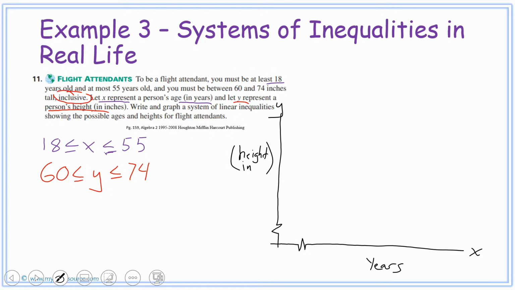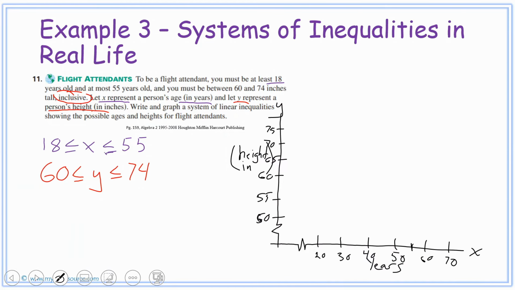Okay, so for our years, they're going from 18 to 55. This is going to be 20, 30, 40, 50, 60, and 70. So 55 would be about here. All right, and then for our inches it is 60 to 74.